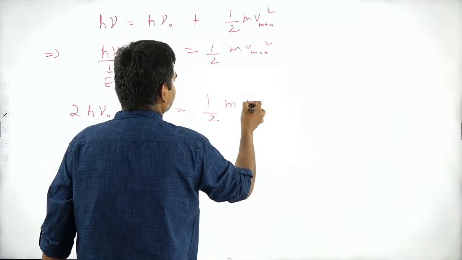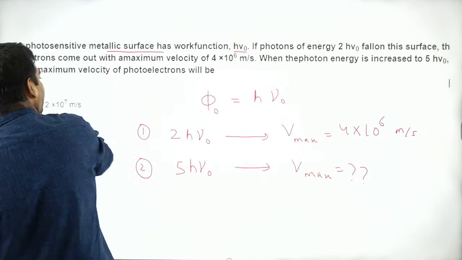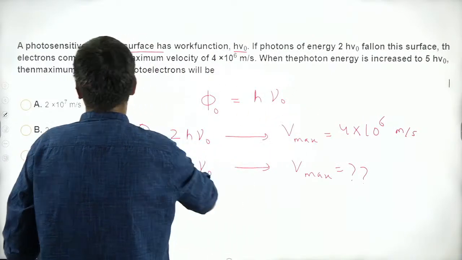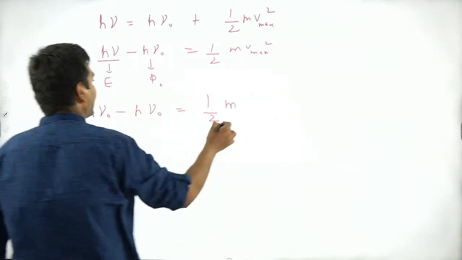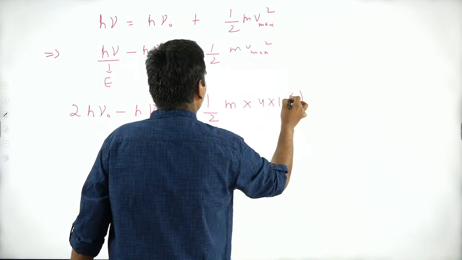What was the Vmax for the first part? It is given to you, that is 4 into 10 power 6. So I can write it as half m into 4 into 10 power 6 whole square.